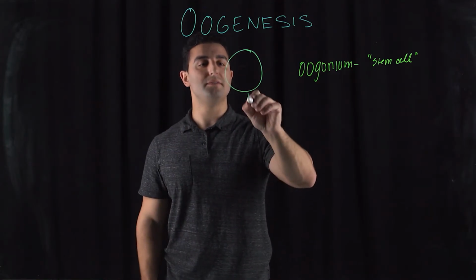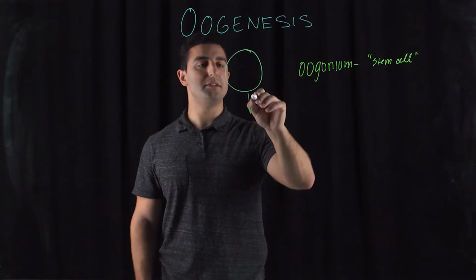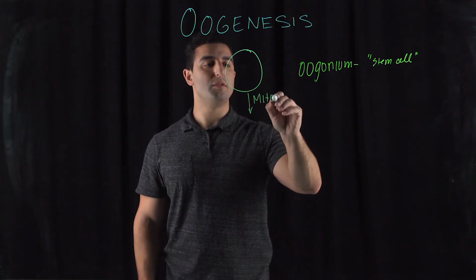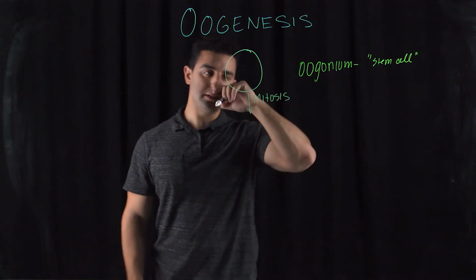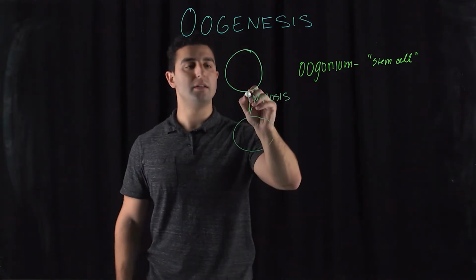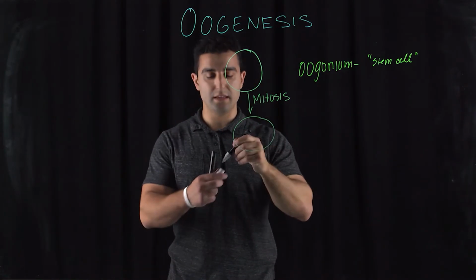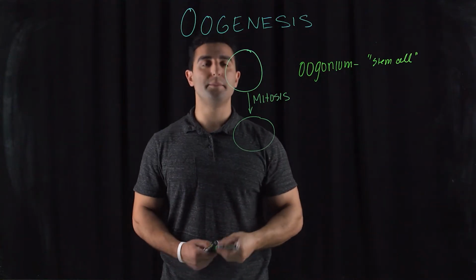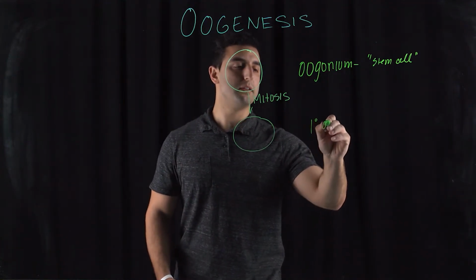So the first set of divisions is called mitosis. Mitosis gives you basically an identical division of one cell, which becomes known as the primary oocyte.